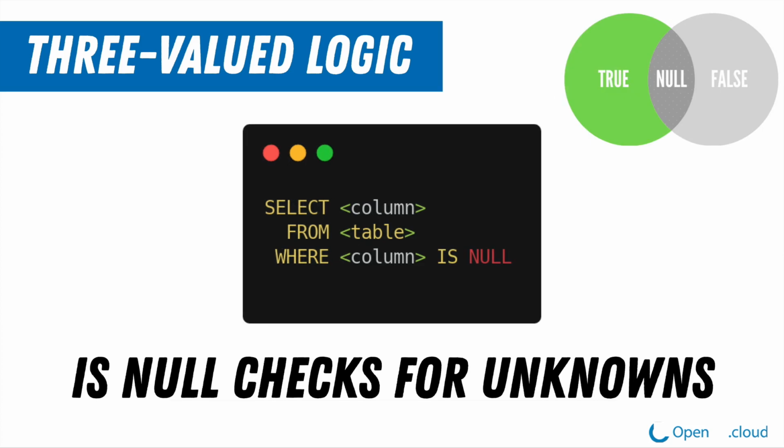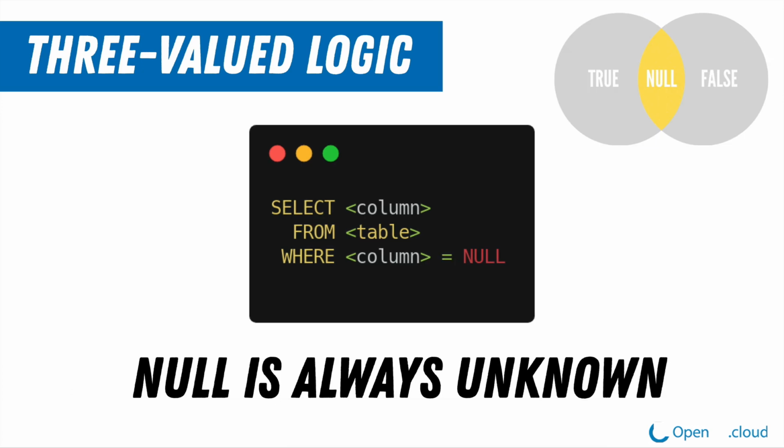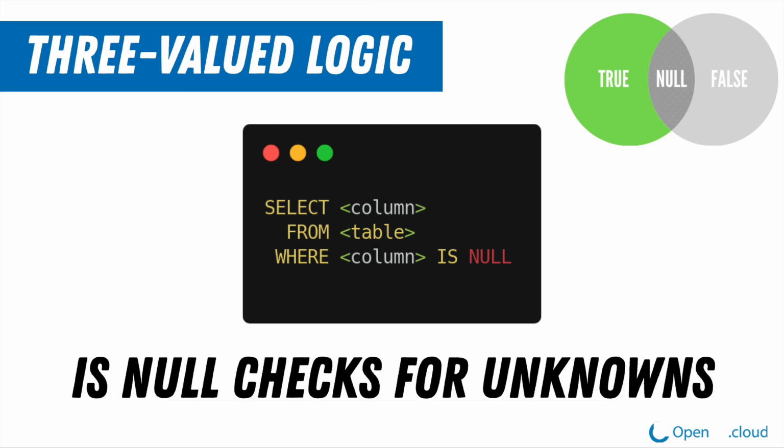All right, so what if we did select column from table where column is null? Well, we learned this. IS NULL checks for unknowns, so it's going to be true. So we're going to get results back if it is in fact an unknown value of the unknown type. Are you starting to see the nuance difference between the equal sign and the IS keyword? That is what we're trying to hammer in here. This is how nulls work in SQL.